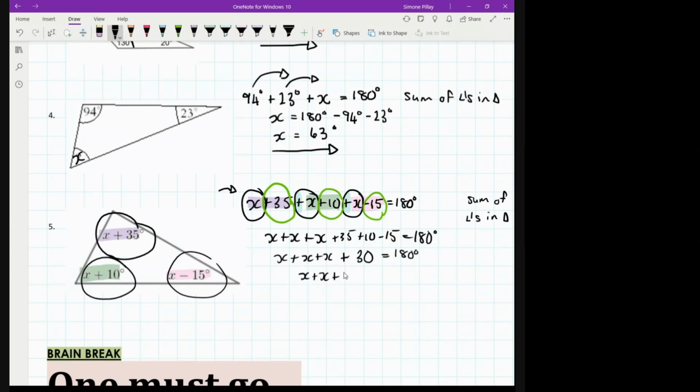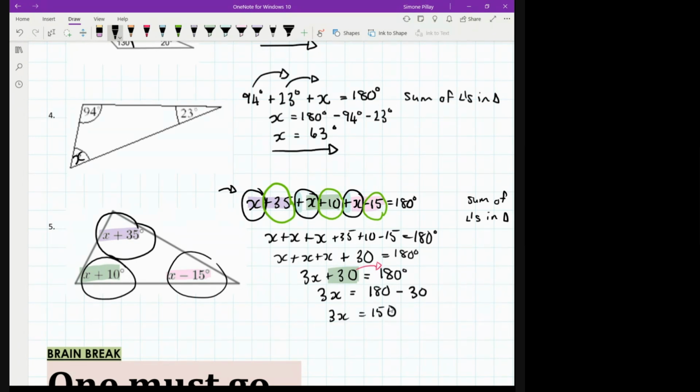Then I added all my 3x's, which gave me 3x plus 30 is equal to 180. Then I transposed and made my 30 into a negative, because when we transpose, a positive becomes a negative.